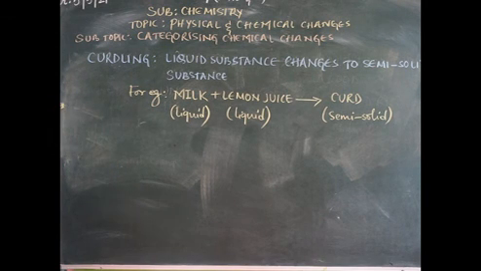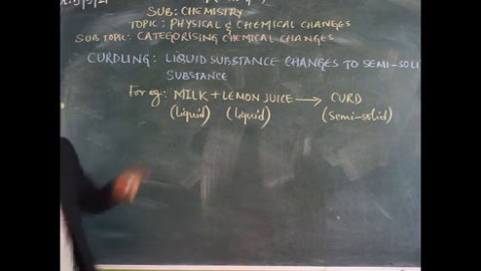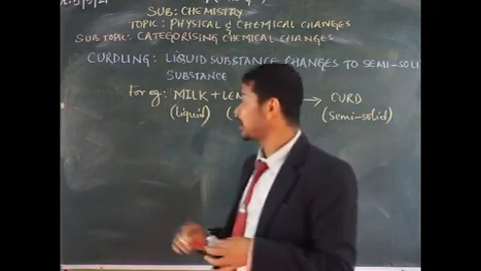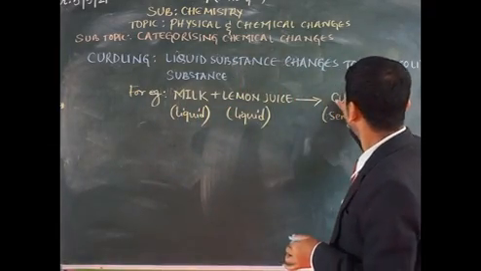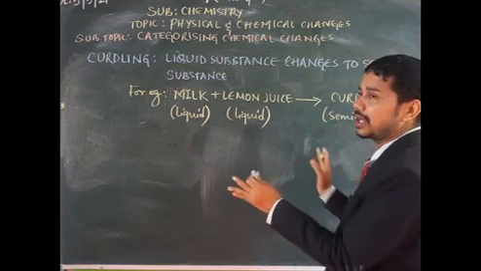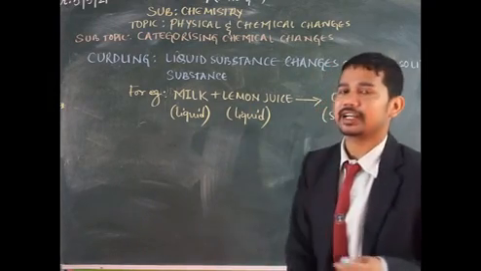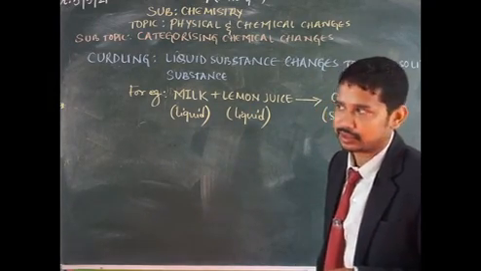In curdling what happens? Here also taste changes, then a new substance is forming. Curd is a new substance. After mixing milk and lemon juice we will get curd, and this curd cannot be converted back to milk and lemon juice again.